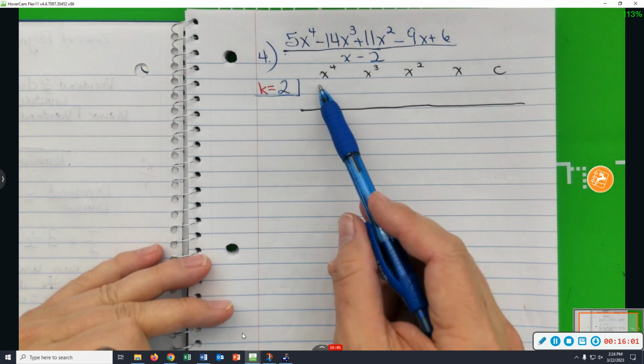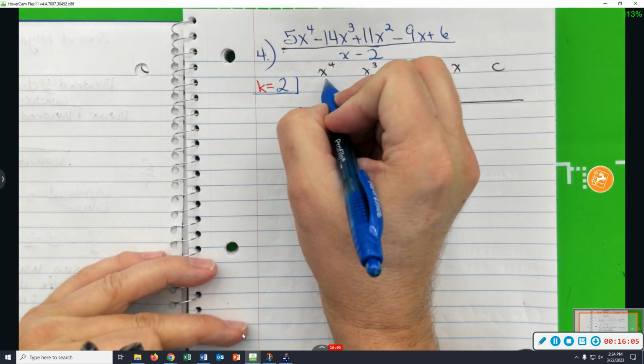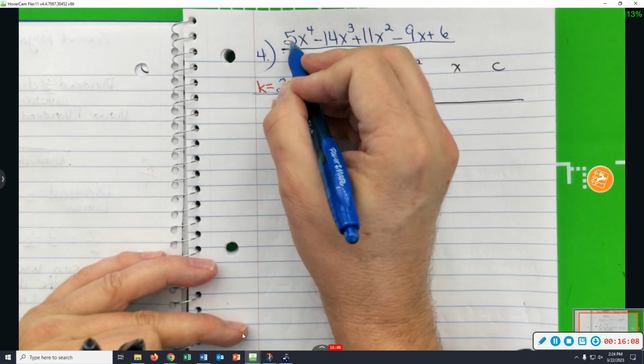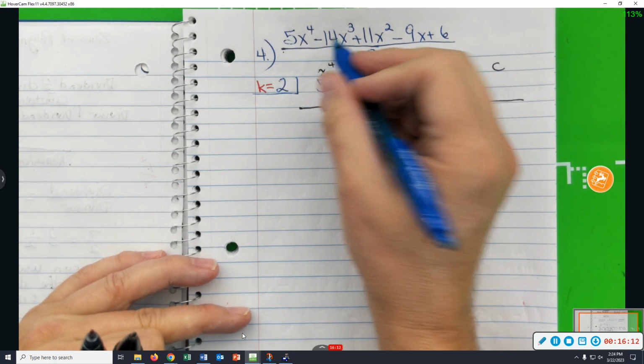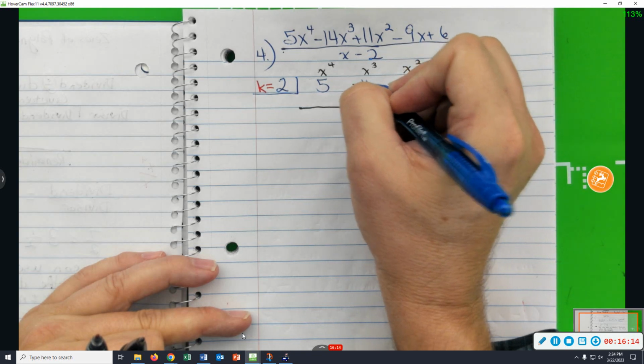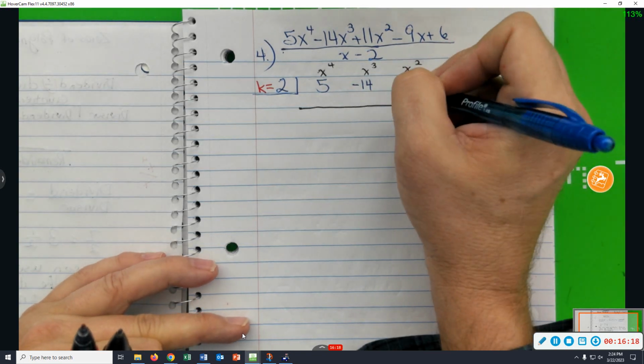And now let's write the coefficients going across. What's going to go here under x to the 4th? 5, I agree. Here, negative 14. Be sure to take that sign. Here, positive 11.